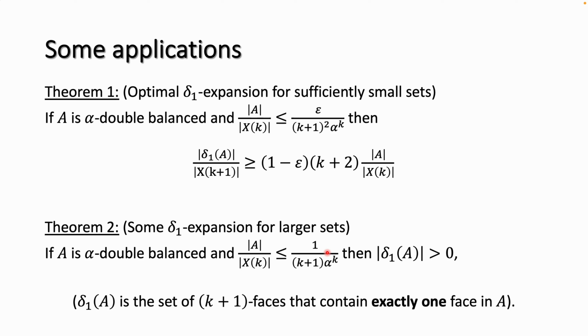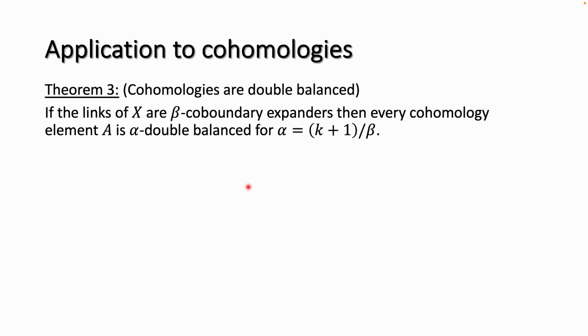I don't have the time to get into the definition of cohomologies in complexes, but I'll just mention how we use it for getting some bound on the size of cohomologies. What we show basically is that cohomologies are double balanced, meaning if we look at a complex X which has some expansion property for its links.